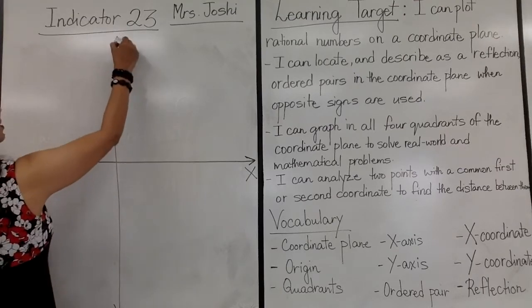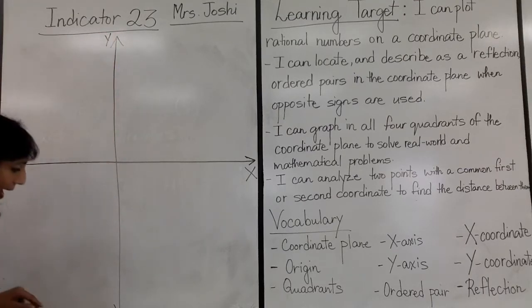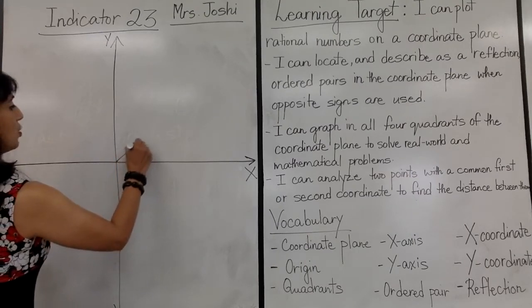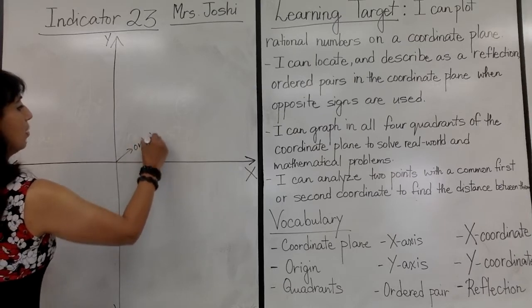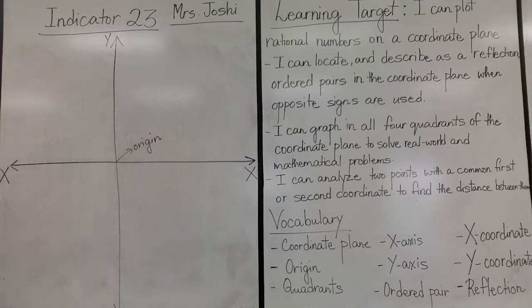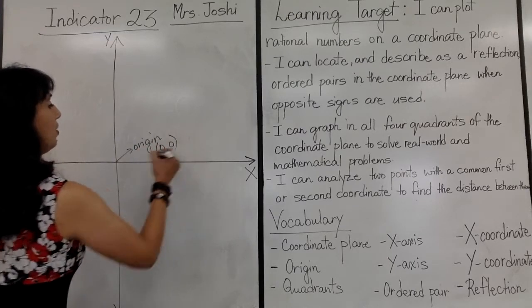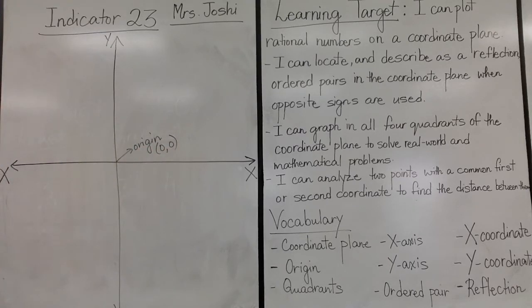And this is called the y-axis. All right. The number lines intersect at the origin. So this is your origin, where the ordered pair is always 0, 0. And we'll talk about ordered pair in a minute.